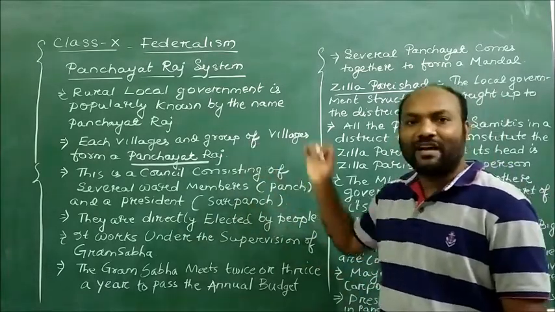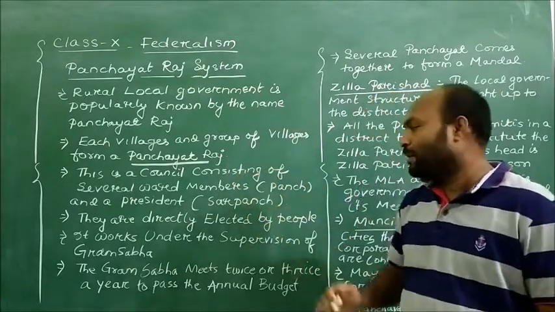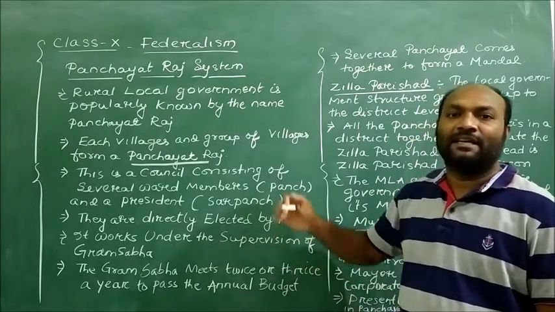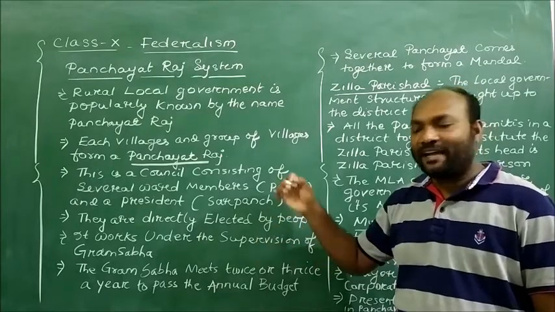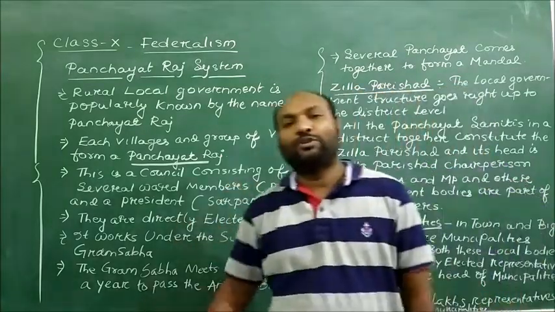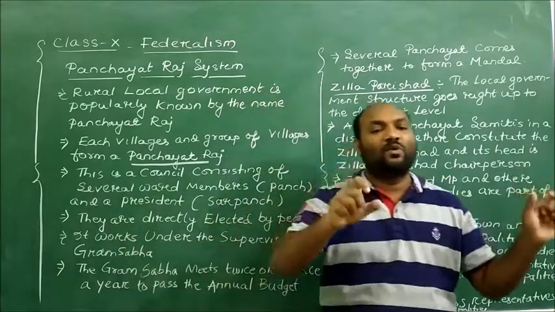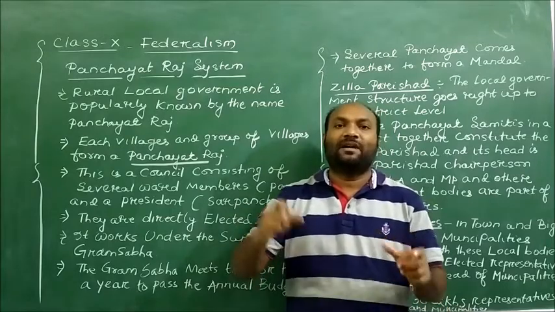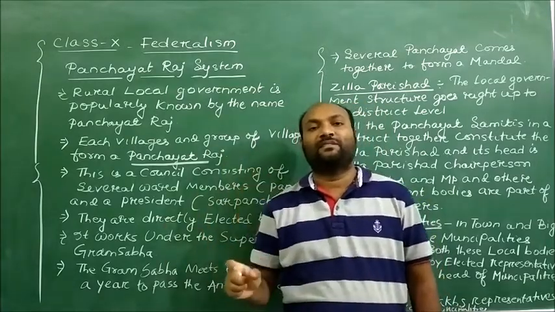And the Panchayatraj works under the control of the Gram Sabha. The Gram Sabha meets two to three times a year in order to pass the annual budget and to look after the work of the panchayat system.